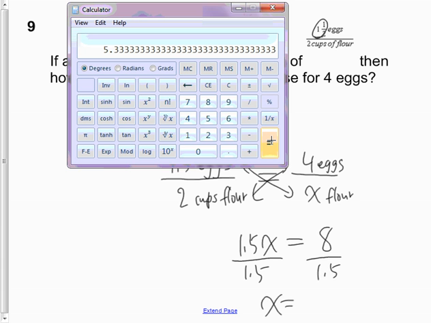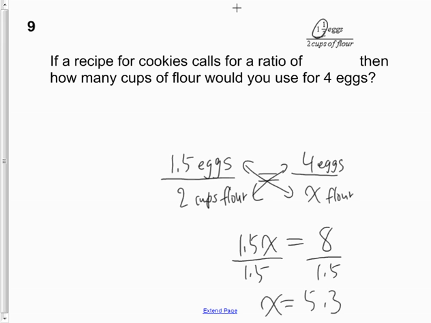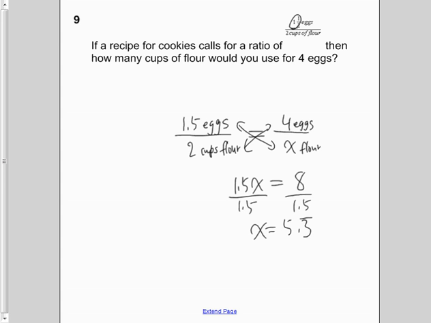Is that right? I better check that again. 8 divided by 1.5. Oh, yes, I guess it is. 5.3. So roughly 5.3 repeating, which means you need 5 1/3 cups of flour, because that 0.3 repeating is actually a third.